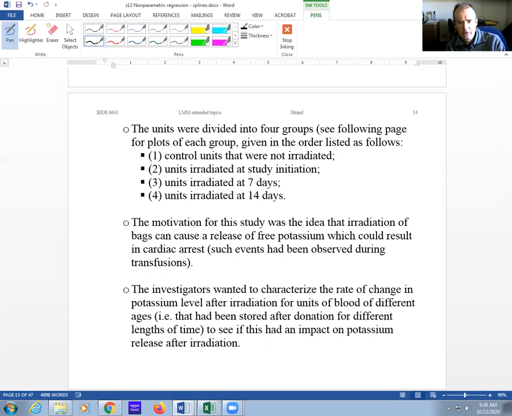It's going to be when we irradiate the samples, and we expect a change in the relationship between time and potassium level. There were a number of studies that were done. We're going to focus on this one where the knot is going to be at 7 days because that's when the irradiation of the samples happened.